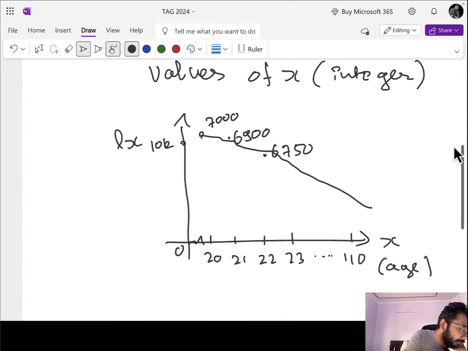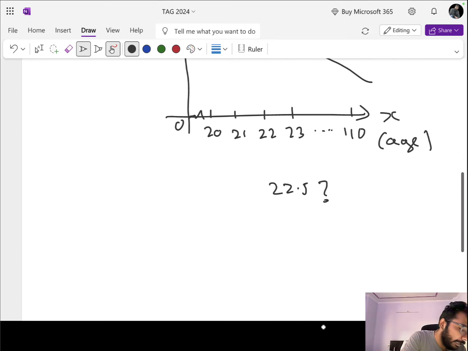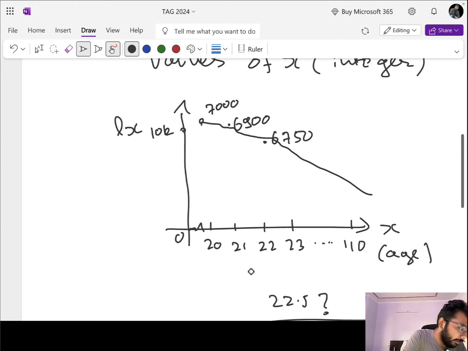And in this case, if you want to find out your y or Lx at any of the non-integer ages, let's say you want to know your Lx at the age of 22.5, then what do you do? Lx is not available at the age of 22.5. L22.5 is not known. So, then how do you get it from this?